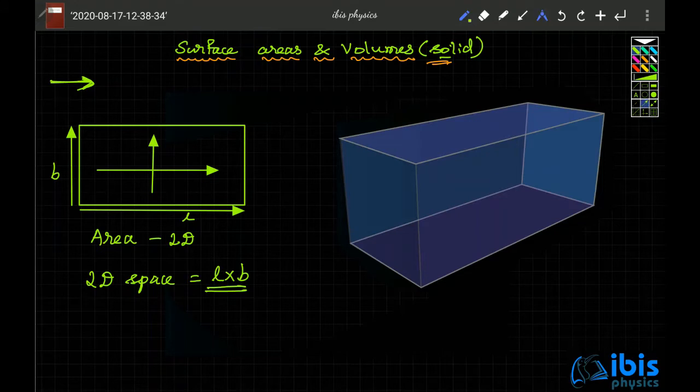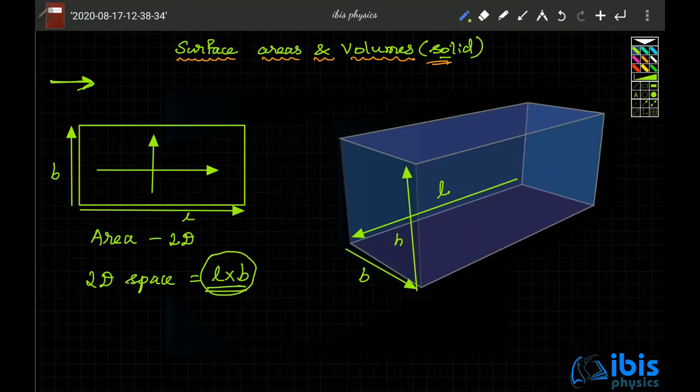Suppose this length of the classroom is L, this breadth of the classroom is B, and this height of the classroom is H. So it is spread in three directions, and the distances it spreads are L, B and H. You know that if the distances it spreads are L and B, then the space occupied is the product of those two distances.